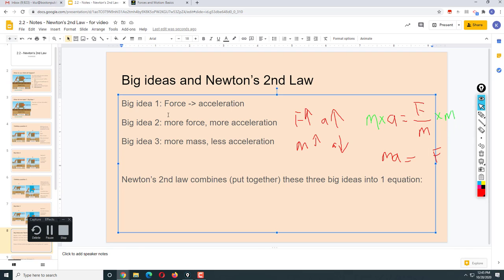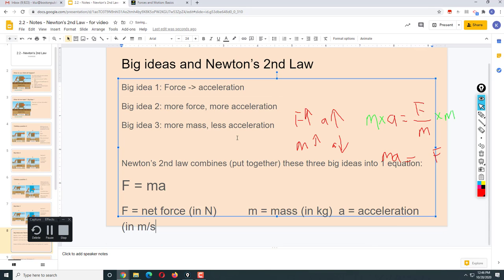So really, one equation summarizes these three big ideas, and that's F equals ma. F is net force in newtons, m is mass in kilograms, a is acceleration in meters per second squared, usually.